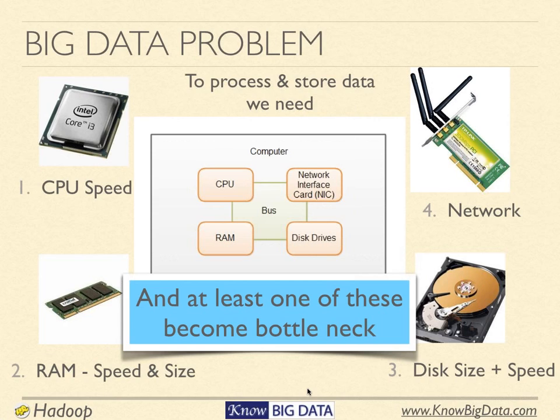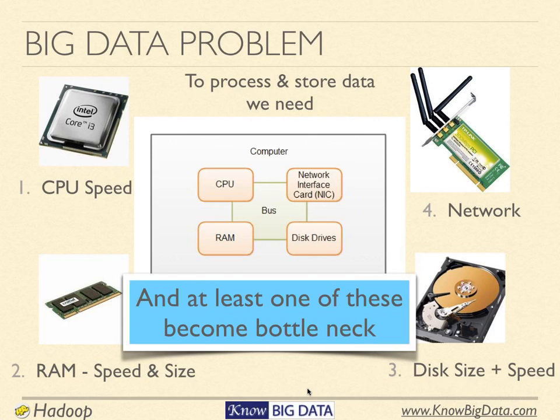All right. So if our RAM becomes a problem, we try to write the data onto disk at the cost of speed, because RAM is fairly faster. So we start writing to the disk, and then this becomes the bottleneck.